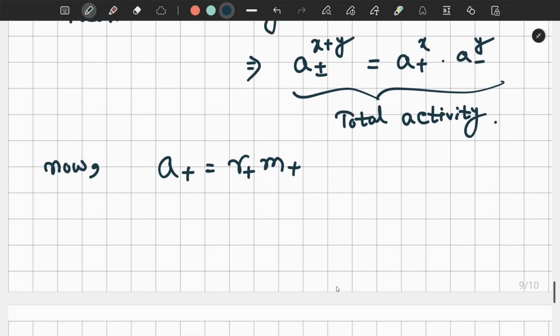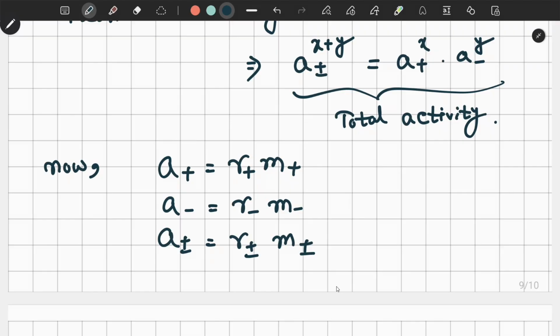So you can write it similarly: A minus will be gamma minus m minus, and A plus-minus will be gamma plus-minus m plus-minus, like things. Analogically this is true, but this is what we are assuming. If there is any confusion, you can ask.